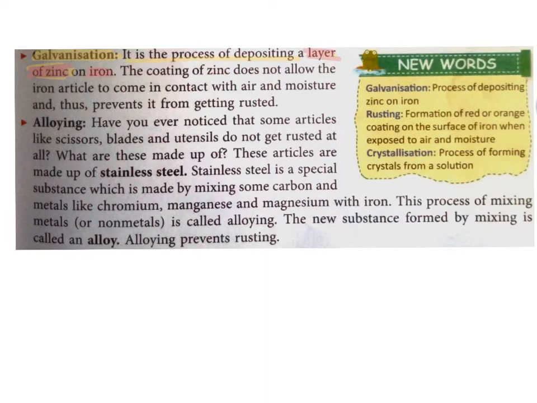If this is your iron article and we deposit a layer of zinc on it, it will not allow air or water to come in contact with this iron, hence preventing rusting. The coating of zinc does not allow the iron article to come in contact with air and moisture and thus prevents it from getting rusted.